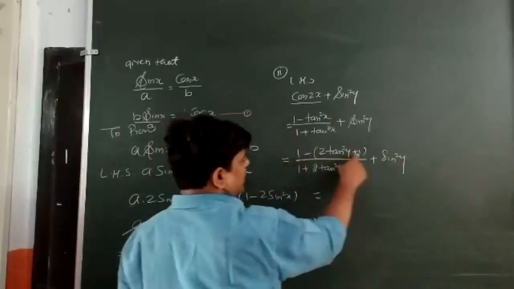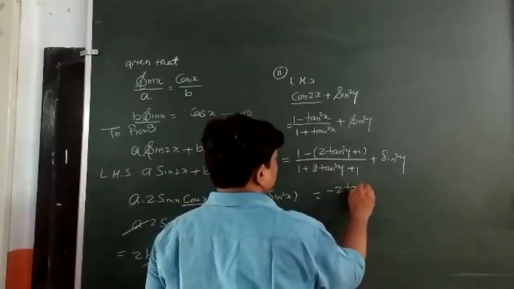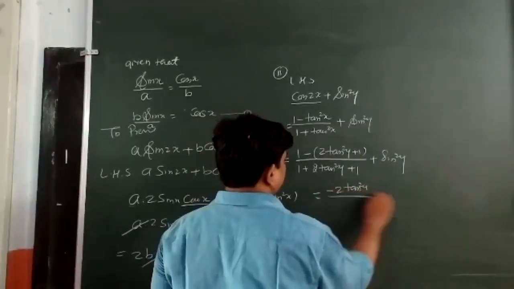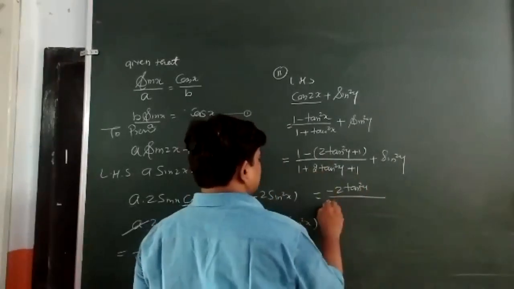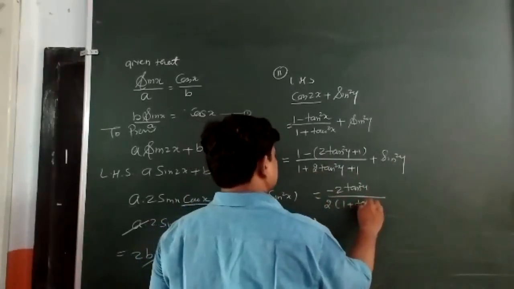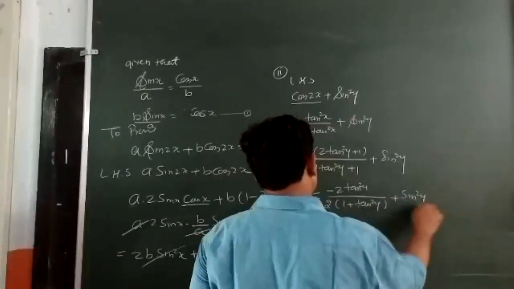Now what will happen? When I am taking the bracket, 1 minus 2 tan square y minus 1 upon, here you can see 1 plus 1 will be 2, then 2 can be common, and 1 plus tan square y.